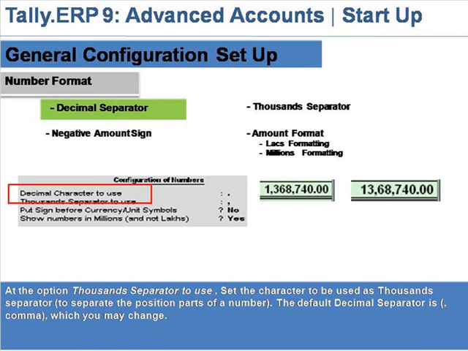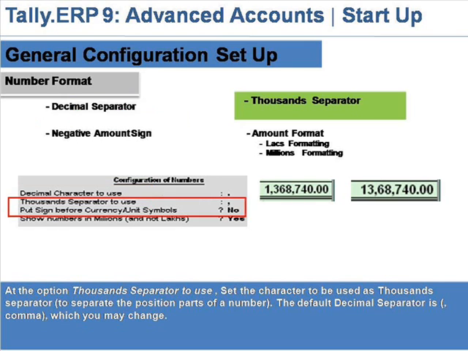The default decimal separator, that is dot, you may change, for example to hyphen. Thousand separator. At the option Thousand separator to use, set the character to be used as thousand separator to separate the position parts of a number. The default thousand separator is comma, which you may change.